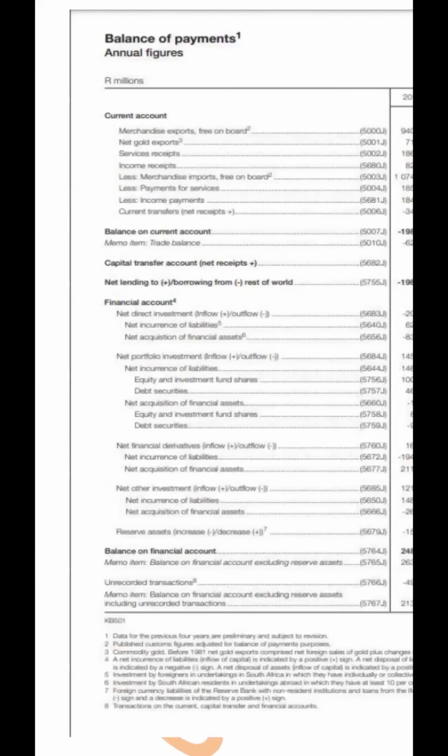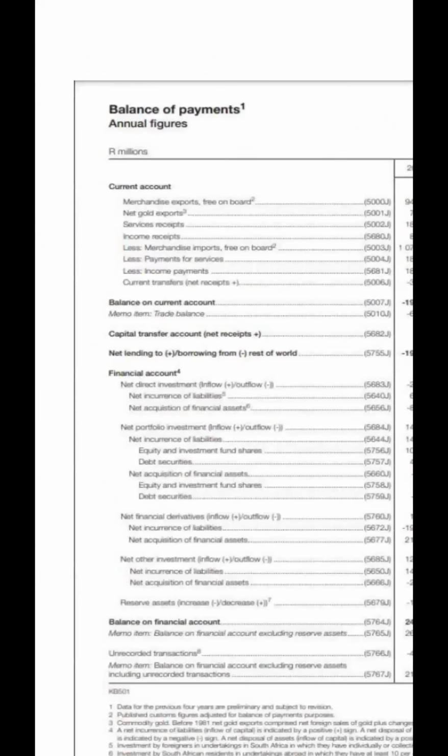Because we are looking at physical goods, on the first part at the top we are looking at the merchandise exports free on board, and then on item number 5, you have less merchandise imports, which is free on board. If you deduct those two amounts, you are going to get the balance on the trade account.